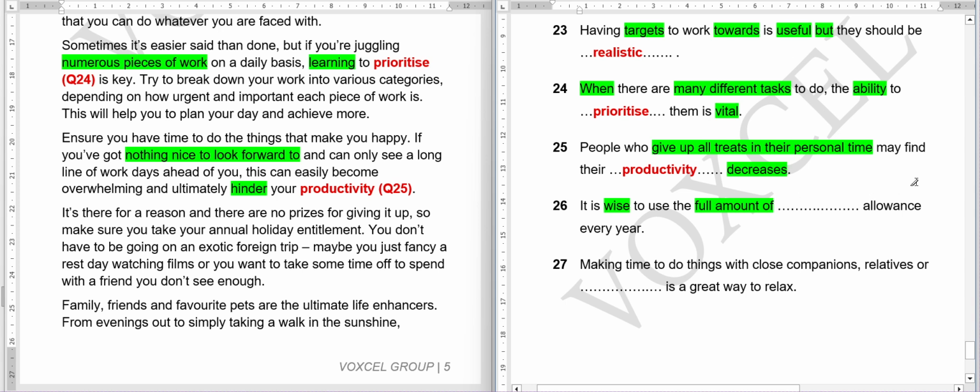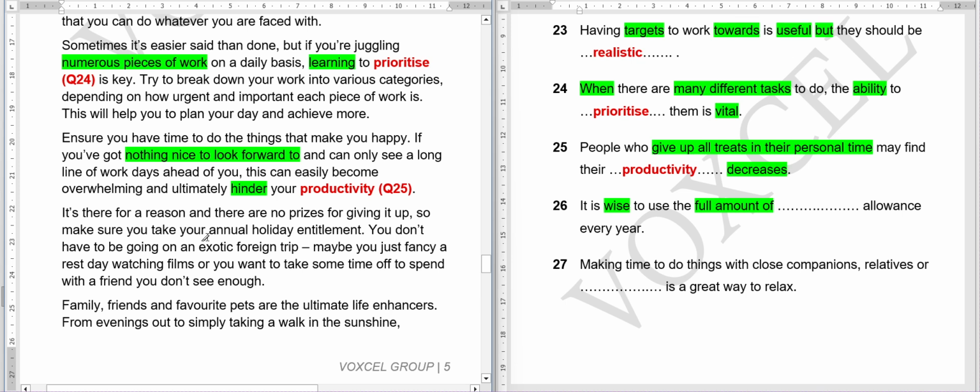Let's see what kind of allowance you get every year. It's there for a reason, and there are no prizes for giving it up. So they're saying that whatever it is, it is there for a good reason. And if you don't take it, there are no prizes, you will not get anything extra just because you give it up.